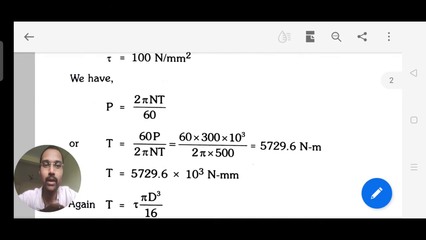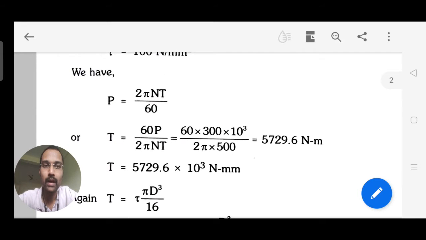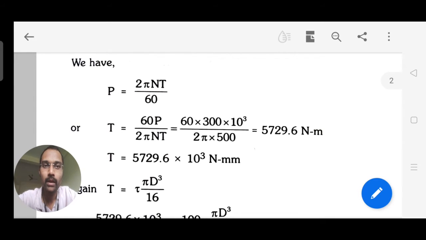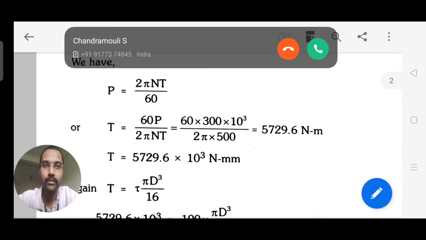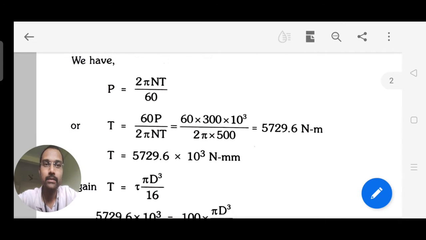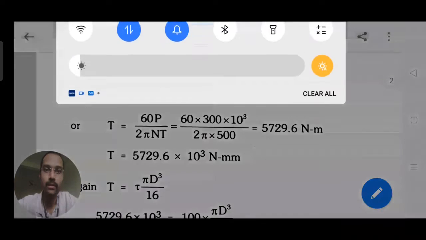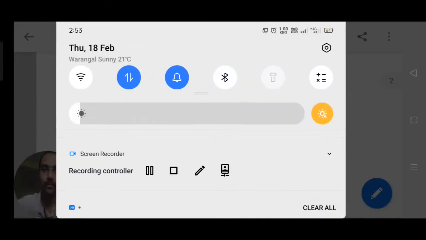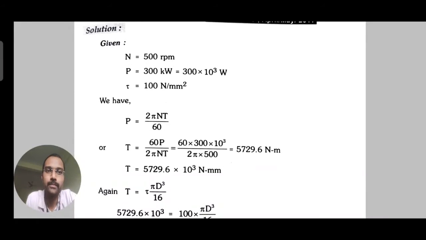Before that we have to get the unknown value from the power; the power P and the N value are given. If we substitute that, torque is equal to 60 into P by 2 pi N. Here there is no T, it's a printing mistake.